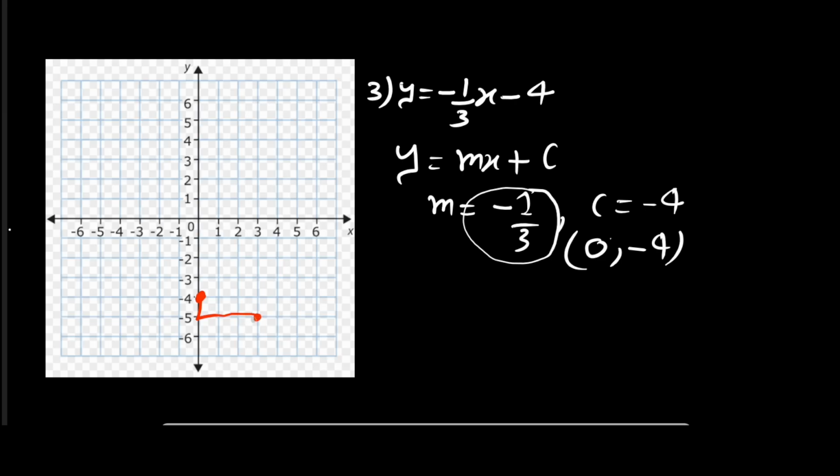And now I'm going to plot another point. So go down 1 unit and move another 3 units to the right. So here we have 3 points. Now let's connect these 3 points with a straight line. So here is our solution.